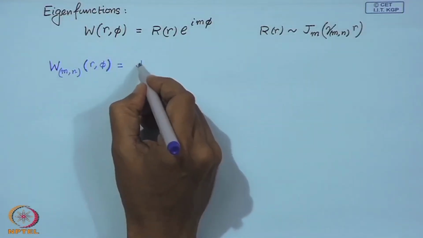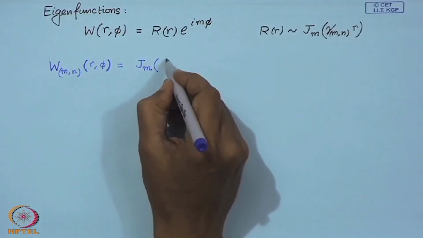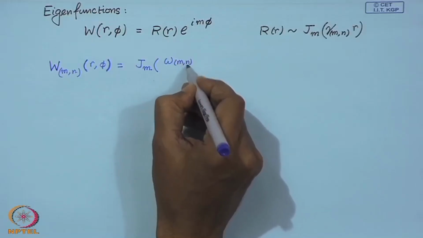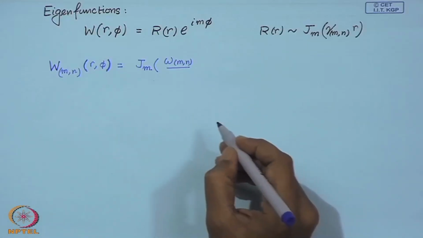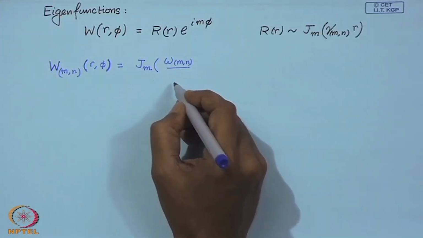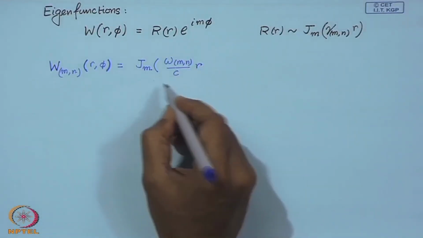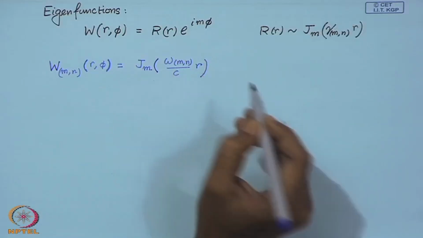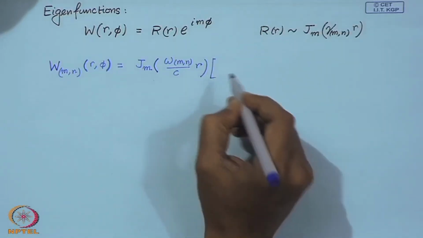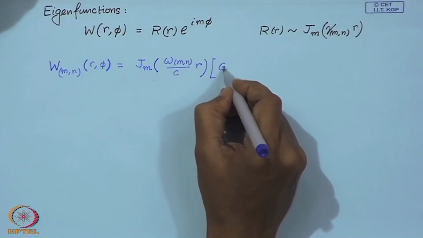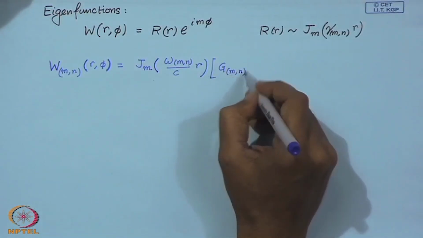Now, I will write this as omega m comma n, so C into R, so that multiplied by, so here I can have a linear combination where the indices also get indexed.